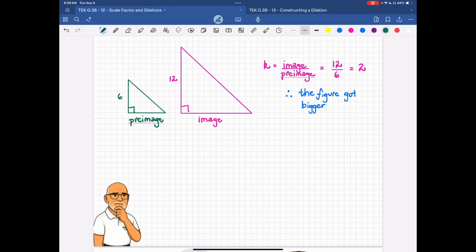So if I measure this side right here, I know that this side measures 6. If I measure my image, I know that this side measures 12. Scale factor K is defined as image divided by pre-image. And so I'm going to take my image, which is 12, I'm going to divide it by 6, and that gives me a 2. Therefore, the figure got bigger. It didn't get smaller, it grew in size.